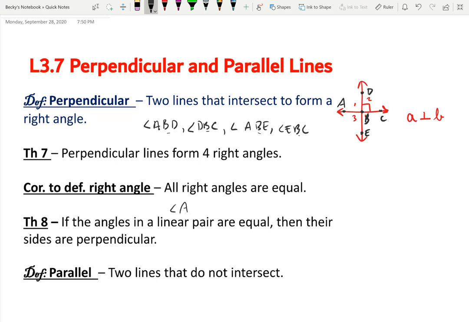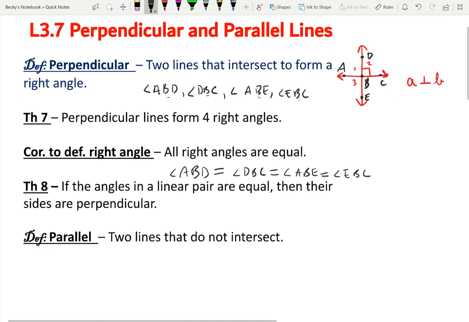So if I had to say ABD is equal in measure to DBC, which is equal in measure to ABE, which is equal in measure to EBC, I would be using the corollary to the definition of right angle. And this will make more sense next chapter. We're going to start doing some flow proofs, and we will use this a lot, actually.